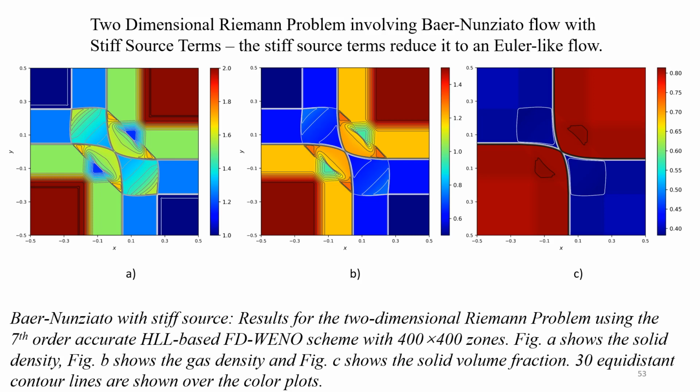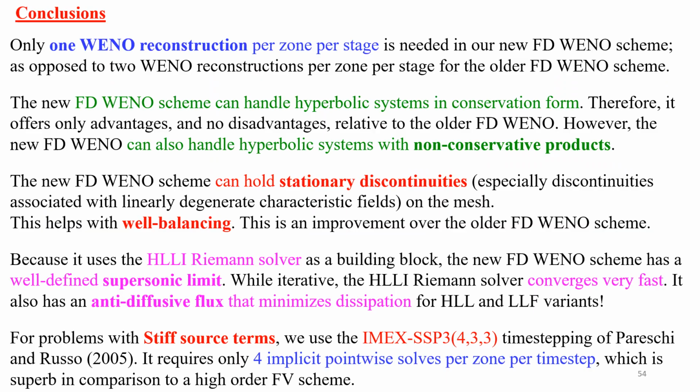What the source terms do is make this flow behave effectively like an Euler-like flow. And so you can see that you set up a two-dimensional Riemann problem which looks very much like a two-dimensional Riemann problem for Euler flow, except that it's being done with the Baer-Nunziato equations with very strong stiff source terms. So it shows that the method is capable of handling stiff source term problems.